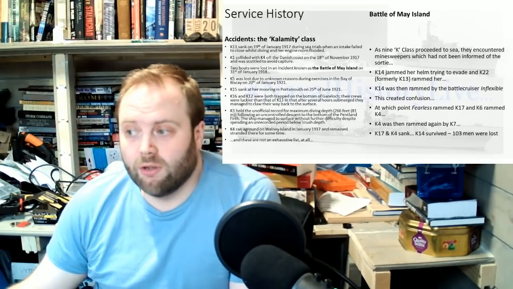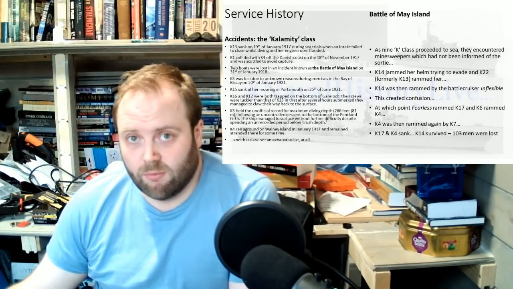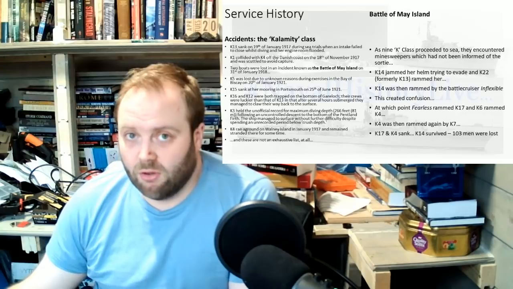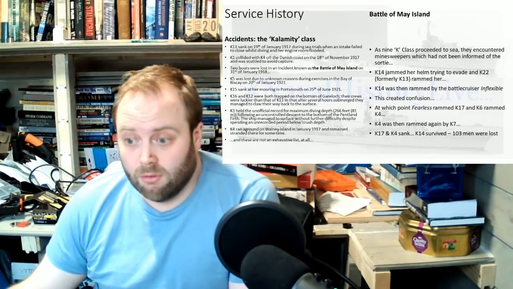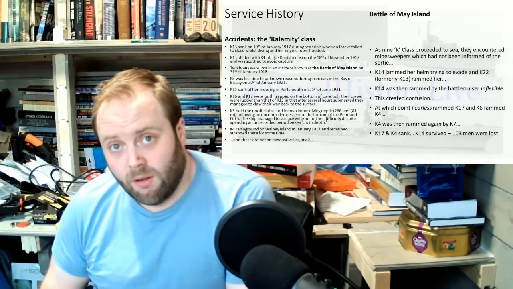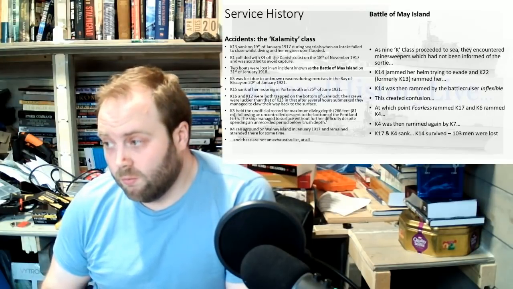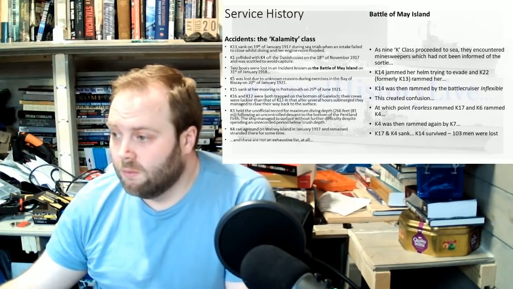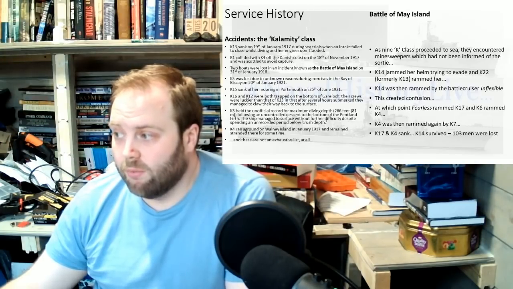And no one had told the minesweepers the submarines were coming. They're operating in close quarters with battle cruisers. They are a fleet. And no one had told the minesweepers they were coming.